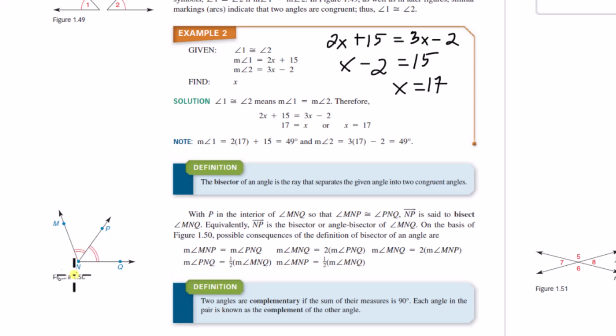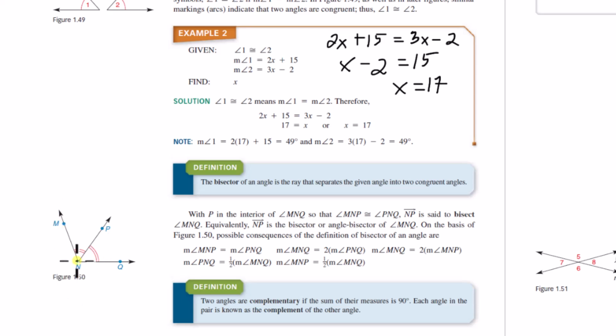This is separating the acute angle. If you drew a ray in this direction, you're separating the acute angle into two separate angles. If those angles are congruent, then ray NP bisects angle MNQ.